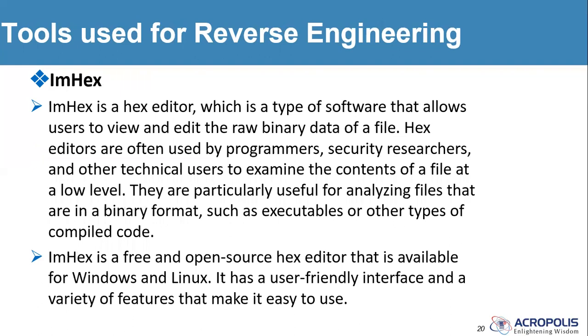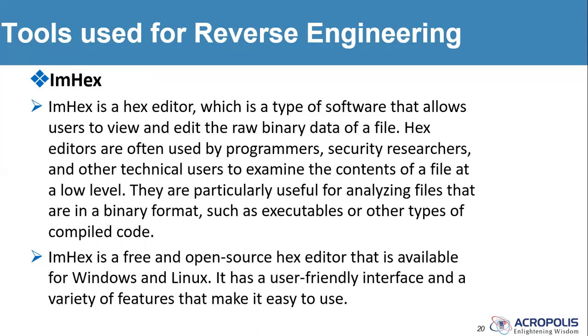Third, HxD. HxD is a hex editor. This is a type of software that allows users to view and edit the raw binary data of a file. Hex editors are often used by programmers, security researchers, and other technical users to examine the contents of a file at a low level.